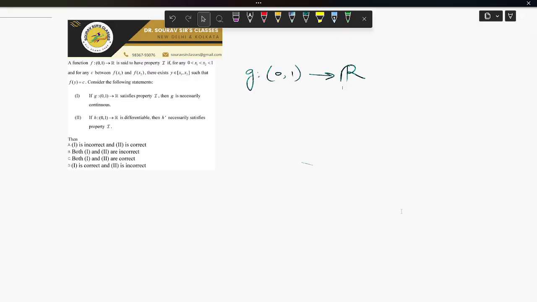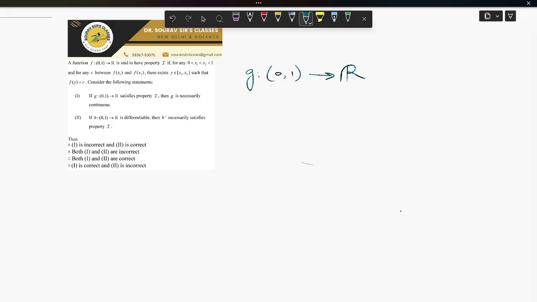So property I states that for any 0 < x1 < x2 < 1, and for any c between f(x1) and f(x2), there exists y belonging to the closed interval [x1, x2] such that f(y) equals c. This is essentially the intermediate value property. We know that a function that satisfies the IVP is not necessarily continuous.